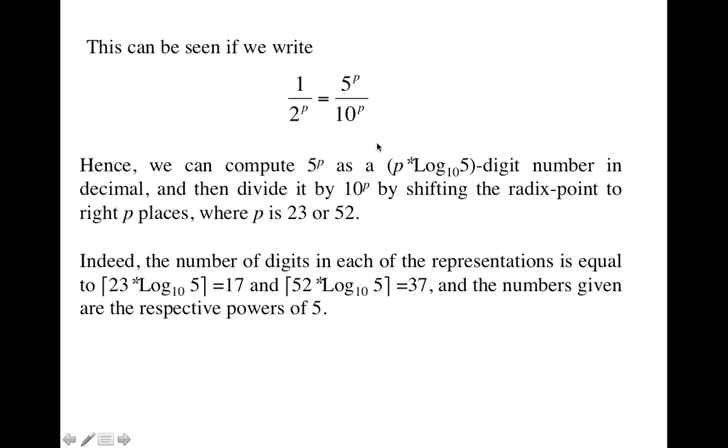Now here our p is equal to either 23 or 52. So we can compute this number here, and that will be the number of digits we're going to have in our representation, which comes out to be 17 when p is equal to 23, and then 37 when it's equal to 52.